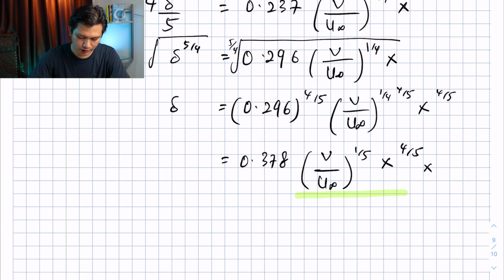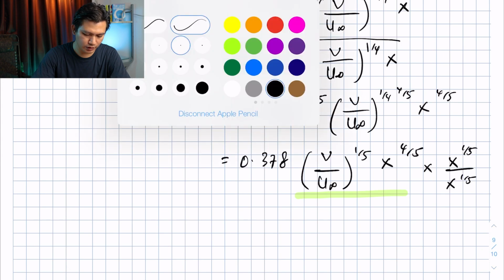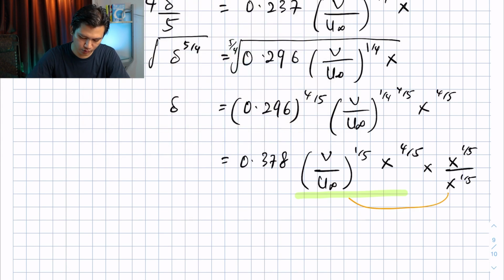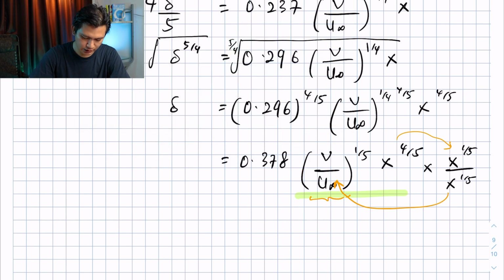So I'm going to multiply this with x 1 over 5 over x 1 over 5. Right, so what I'll do here is basically I want this x to go into here. So this will form the Reynolds number. Right, and x to the power of 4 over 5 times x to the power of 1 over 5 is just x.